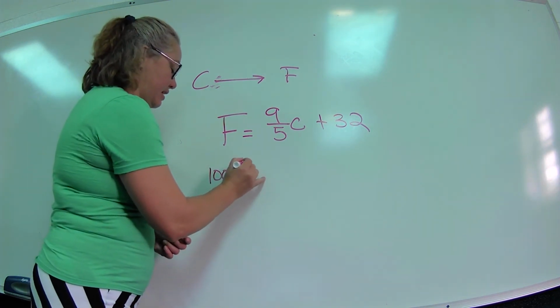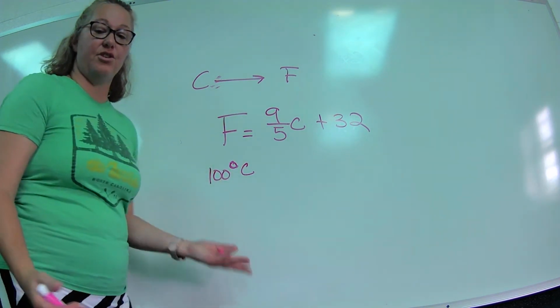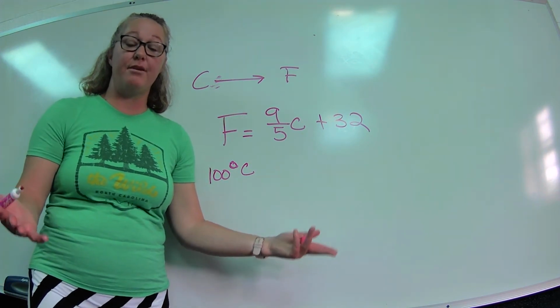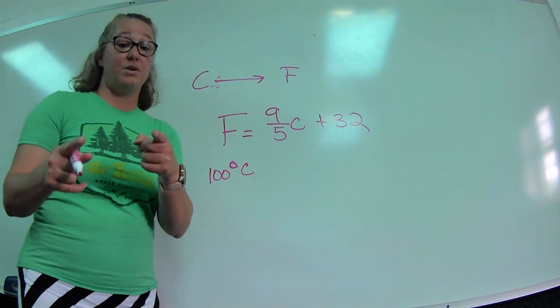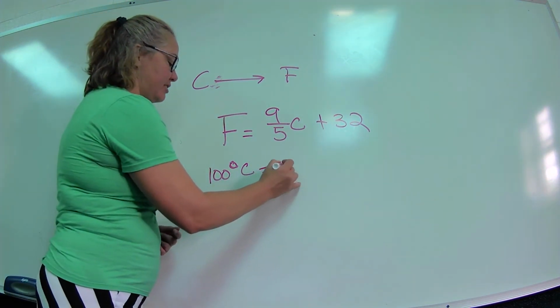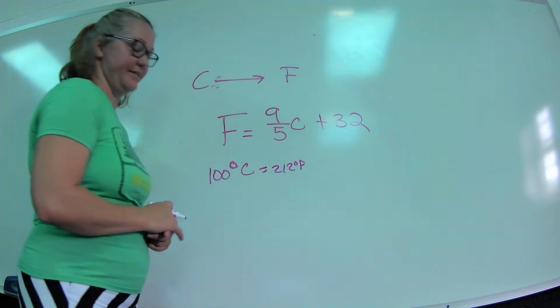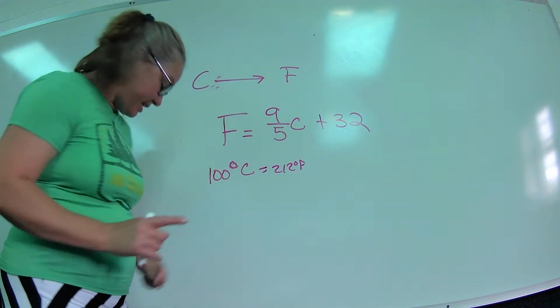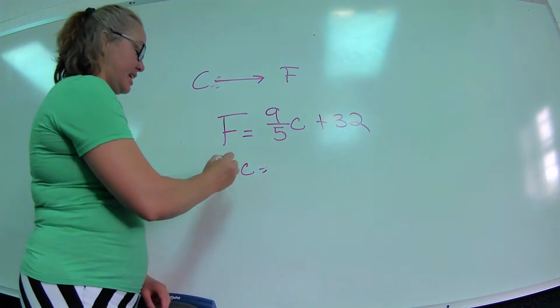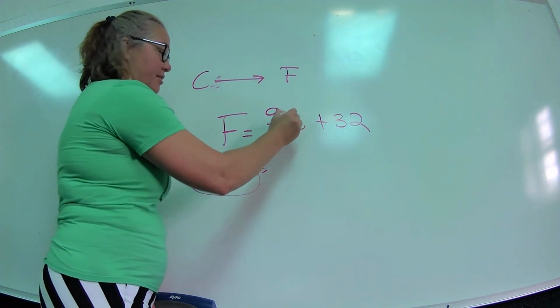Now, 100 degrees Celsius, you're thinking, we just learned that measurement. It is the boiling point. You're right. I just wanted to see if you would catch it. So I should know that that's 212 degrees Fahrenheit. But if I didn't know that and I had 100 degrees Celsius, then I would take this value and put it right here.